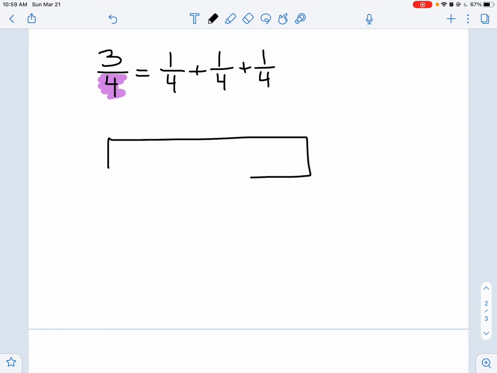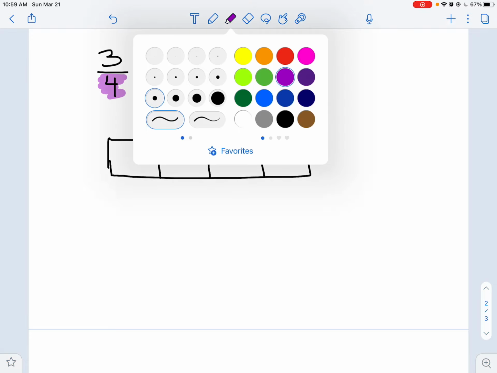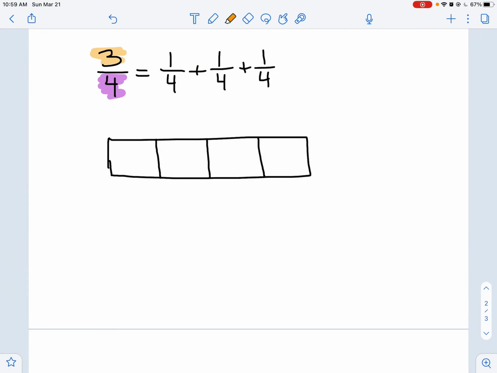All right, if you got a number sentence that looked something like this, and you were asked to show this, how would you do that? Well, look at your unit fraction. What's our unit fraction? We're talking about fourths, so the first thing you're going to do is set up a tape diagram or a fraction strip and make your fourths. And then you're going to highlight how many? There's a total of 3, right?